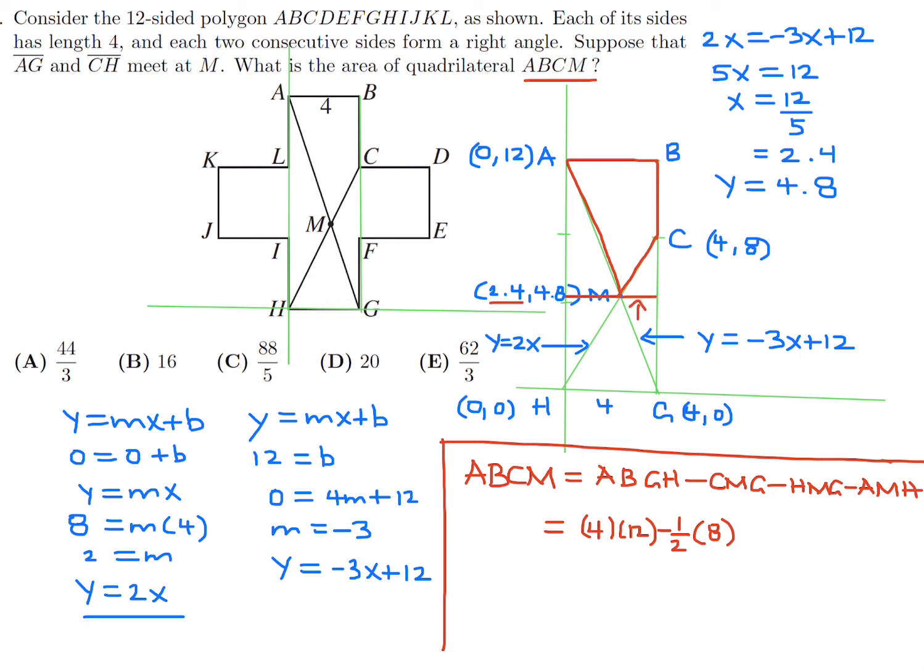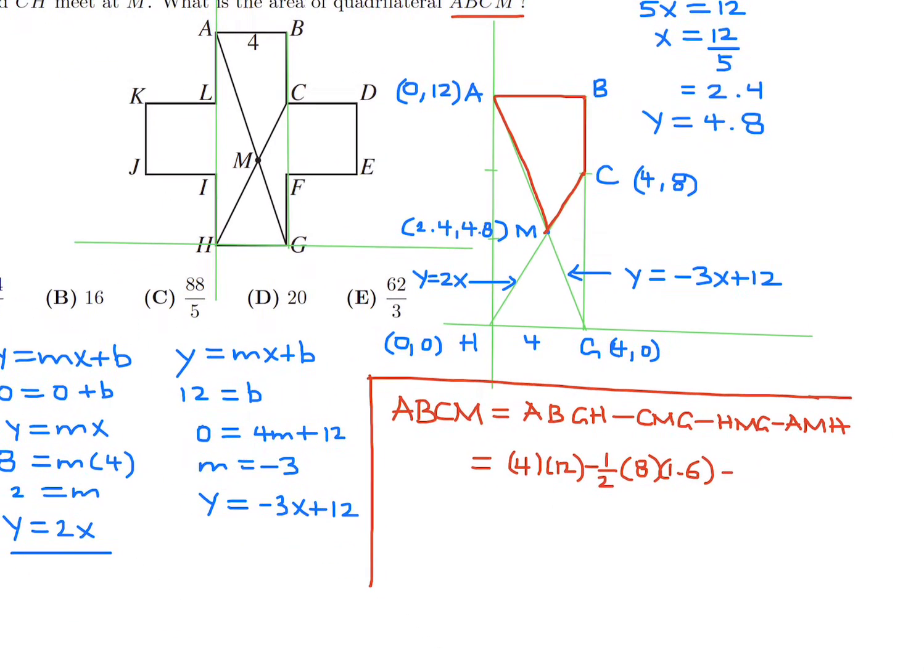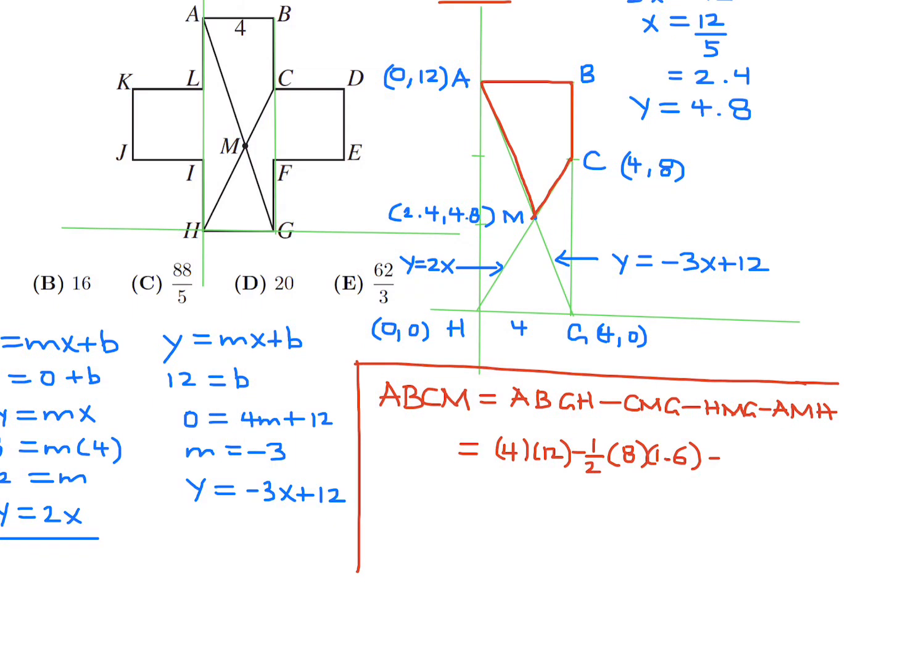So this guy is going to be 4 minus 2.4, which is 1.6. So we got 1.6 in there. Minus, we've got HMG, 1/2 base is 4, and the height is the y-coordinate of M, so 4.8.